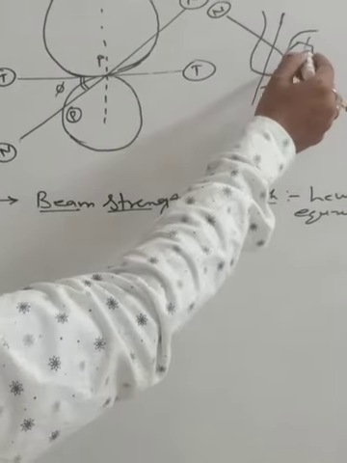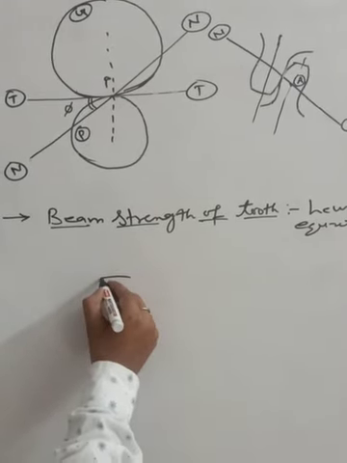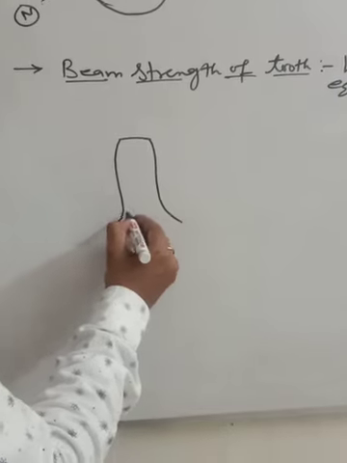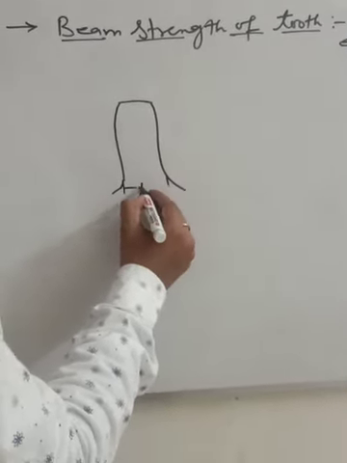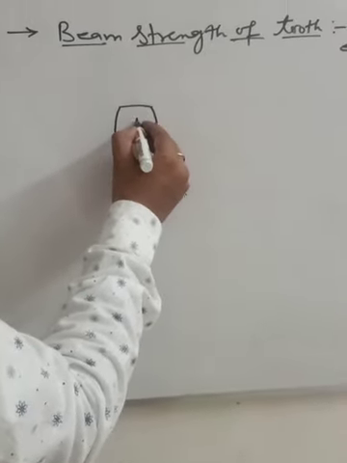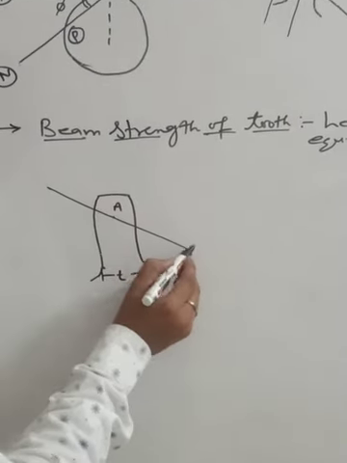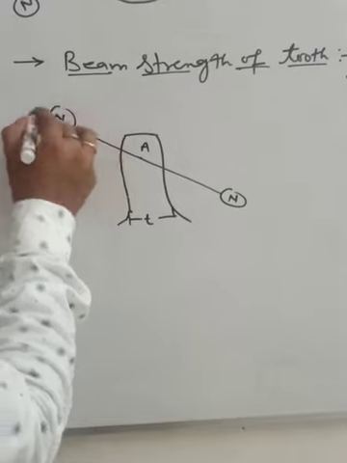Lewis assumed this tooth, if we are assuming this tooth in this fashion, this is our tooth, then this is the thickness, and we are considering this point A, and through this point A the common normal is passing. That's why this is the common normal.